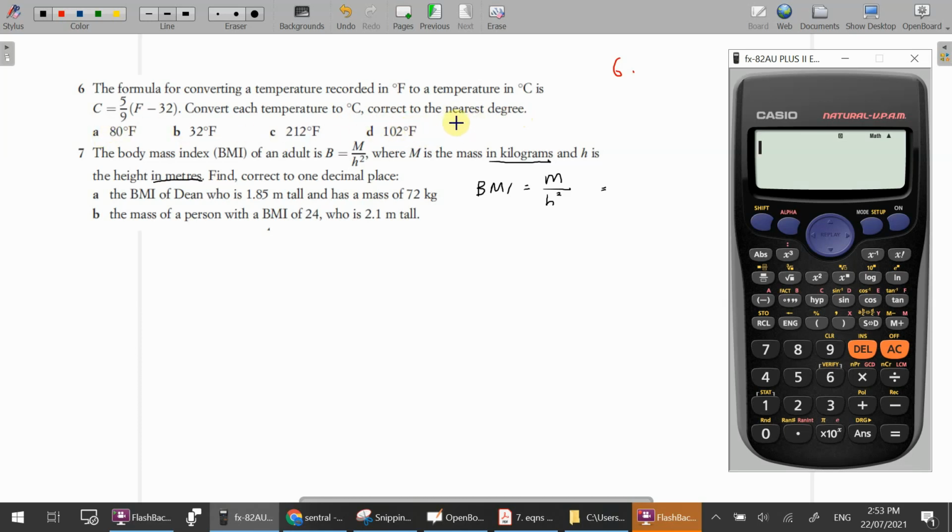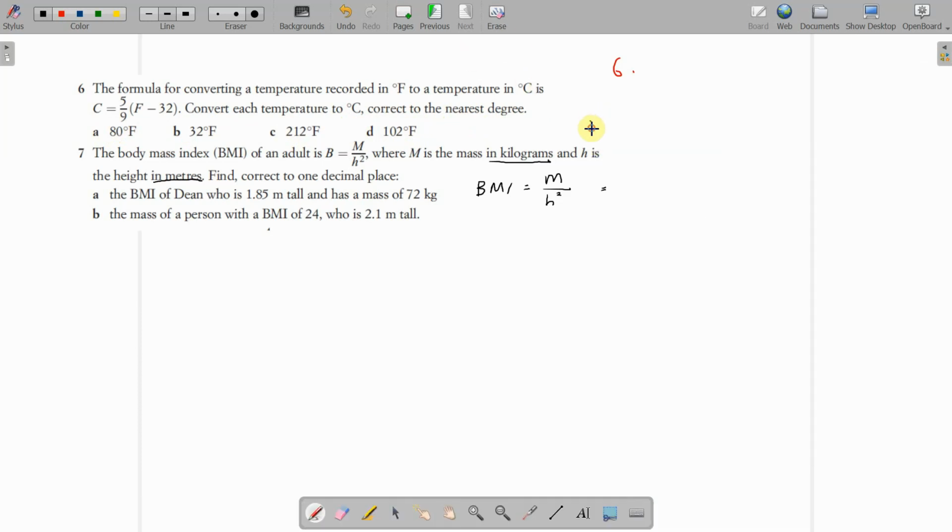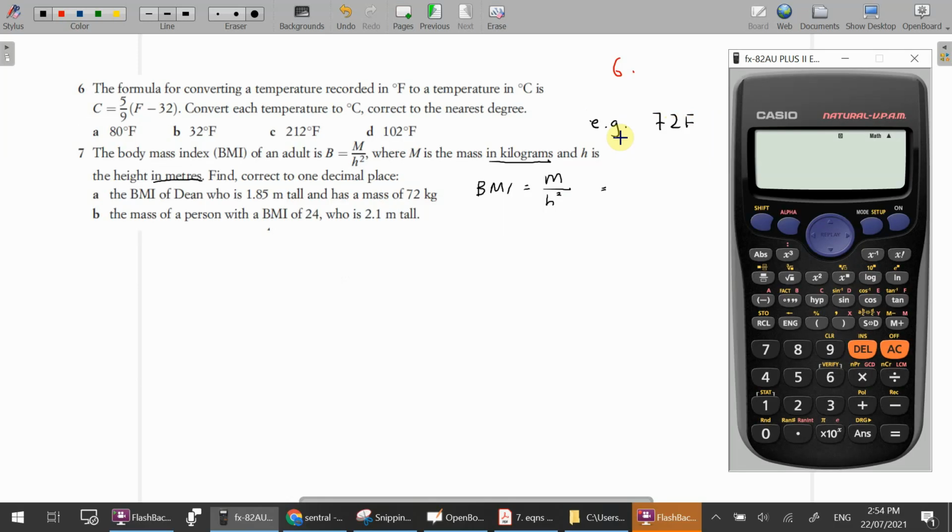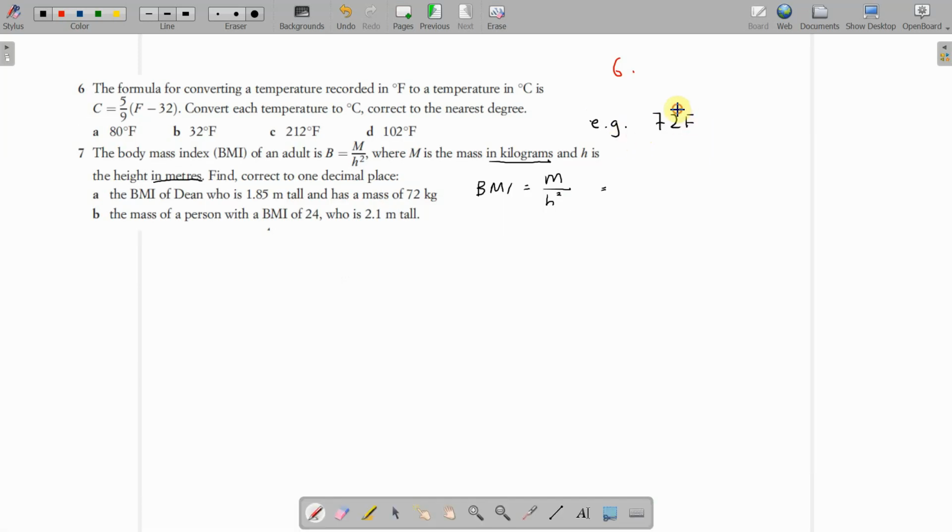So let's say Fahrenheit is 72. 72 for Fahrenheit, I'll just put that here. Our example, e.g. 72F. So what is 72 degrees Fahrenheit in Celsius?